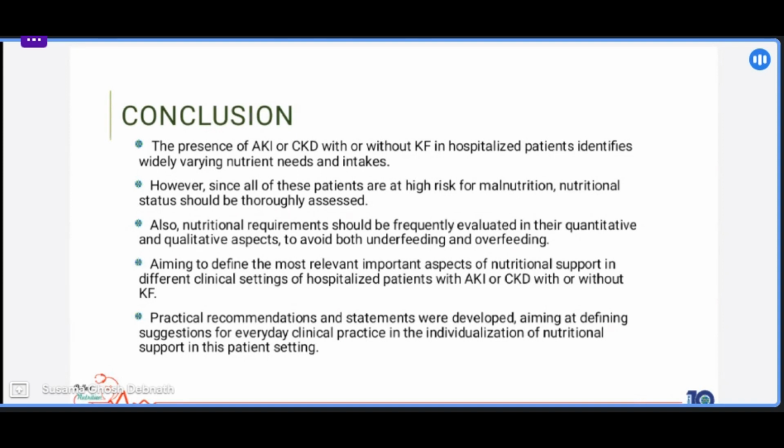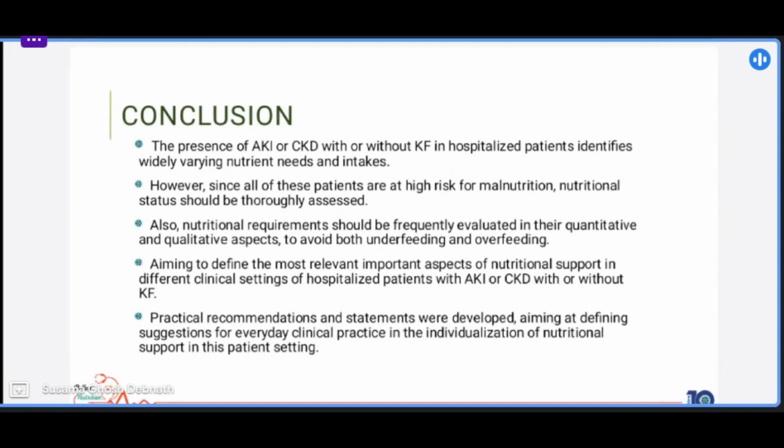That is very important, and nutritional requirements should also be frequently evaluated in their quantitative and qualitative aspects to avoid both underfeeding and overfeeding, aiming to define the most important aspects of nutritional support in different clinical settings of hospital patients with AKI or CKD, and practical recommendations and statements were developed aiming to give suggestions for everyday clinical practice in the individualization of nutritional support in this patient setting.